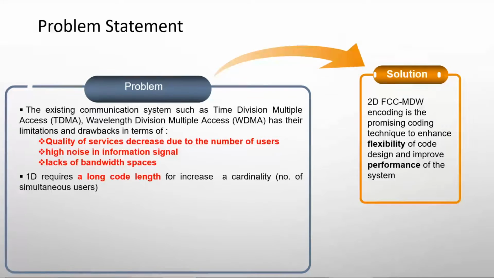For the problem statement, the existing communications such as TDMA and WDMA have their limitations and drawbacks in terms of quality of service decreasing due to the number of users, high noise in information signals, and lack of bandwidth space. Also, 1D OCDMA codes require a long code length for increased cardinality, which means the number of simultaneous users.